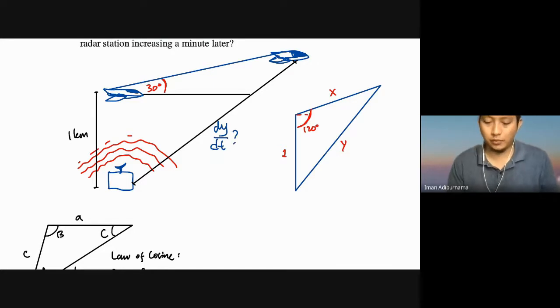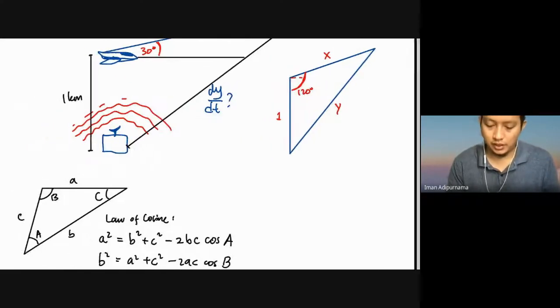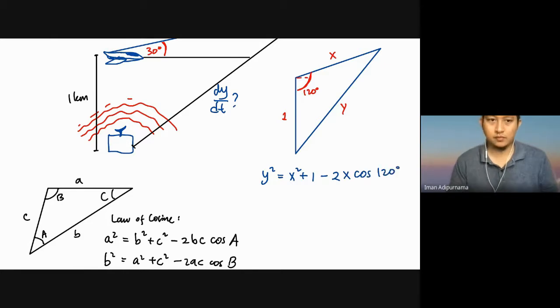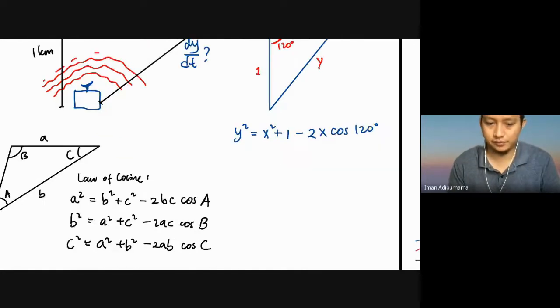We are going to find dy over dt. So let's say we have y squared is equal, that will be our equation by the law of cosine.